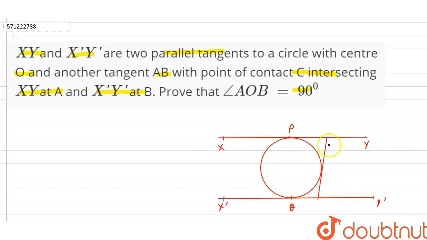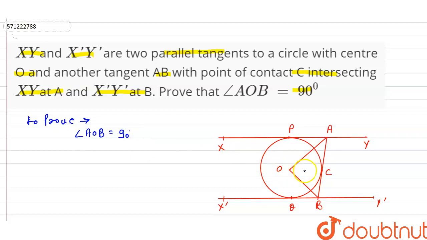The tangent touches the circle at a point C. Let's suppose the center of the circle is O. We join O to A, and we also join O to B. Then we have to prove that angle AOB is equal to 90 degrees.